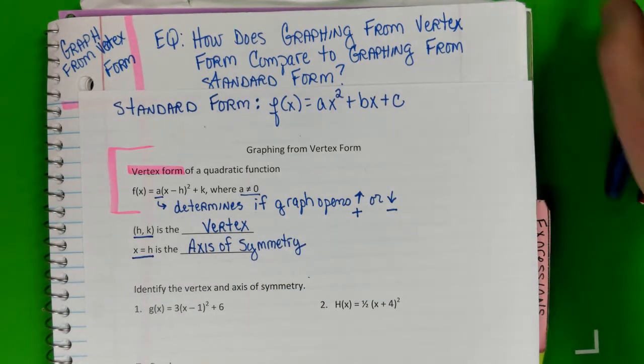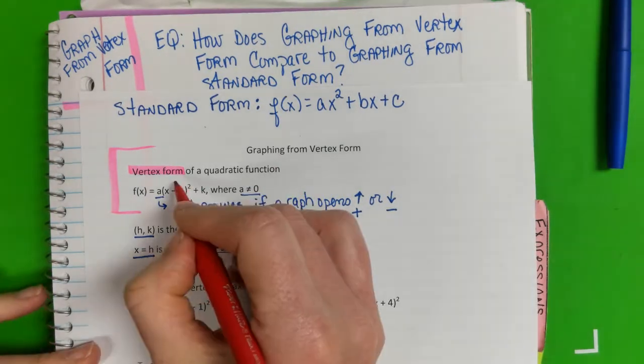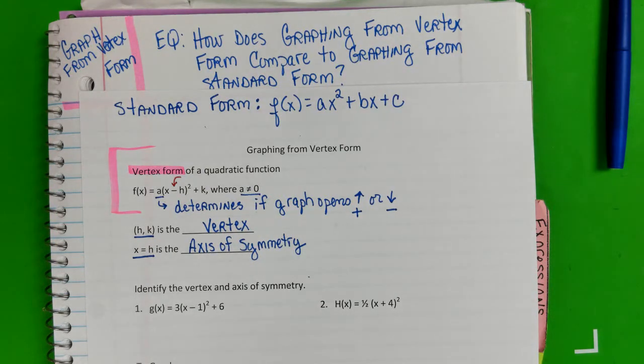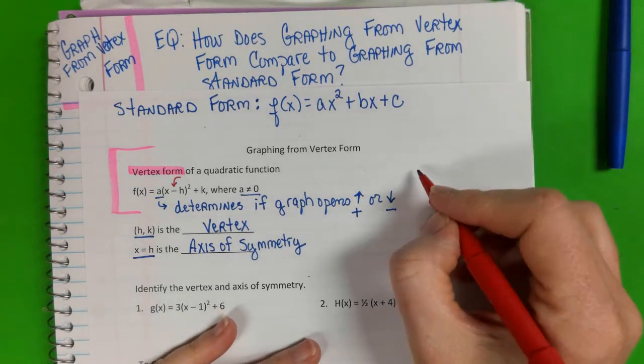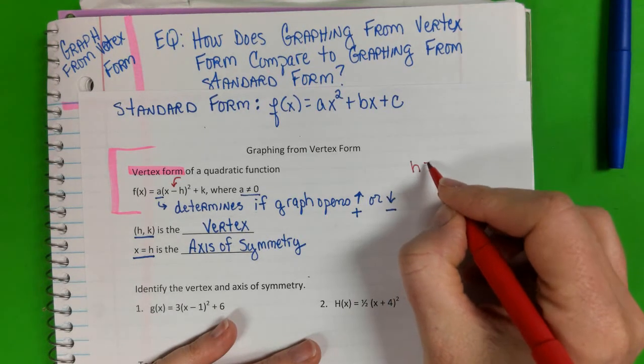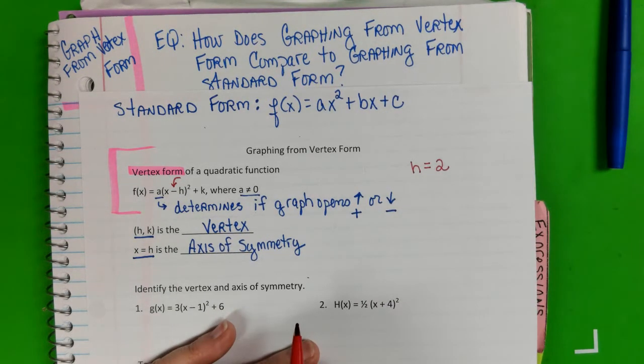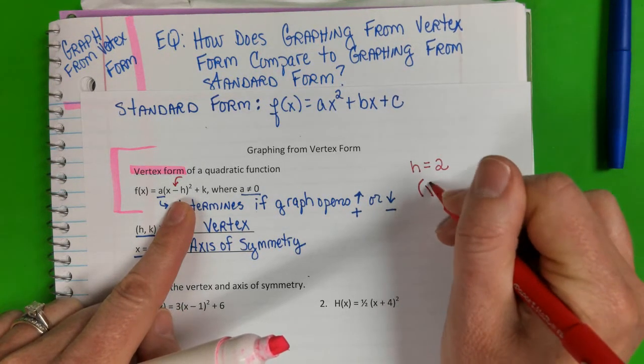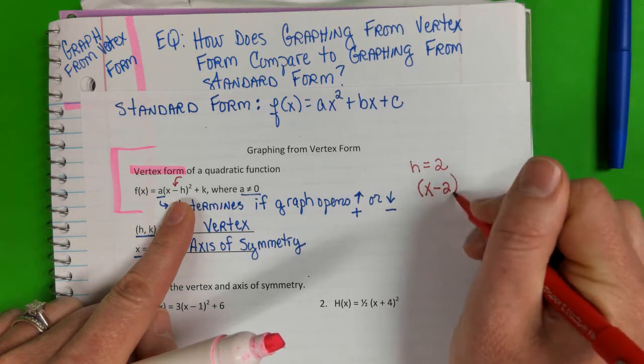Okay? Now, one thing I want you to notice is that in our vertex formula, it's a minus sign. And think back to when we talked about linear transformations and how when it's in parentheses and the formula is minus, things move the opposite. So I want to show you what I'm talking about here. If I told you that the h value was 2, when I plug that into the formula, it's going to say x minus 2.